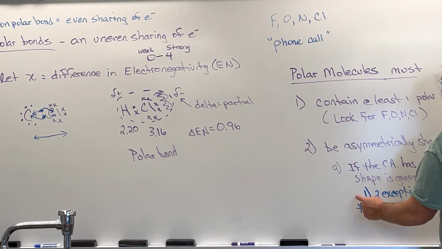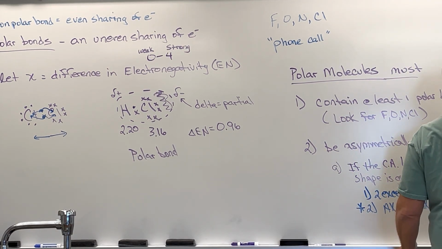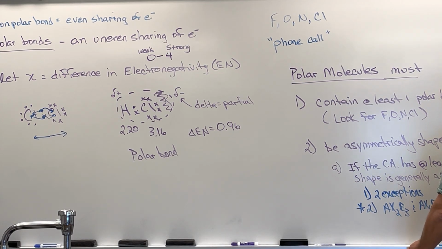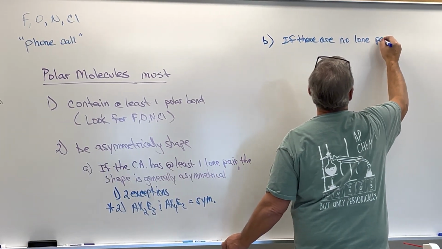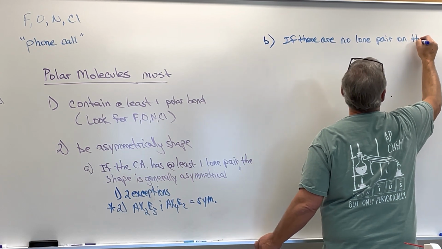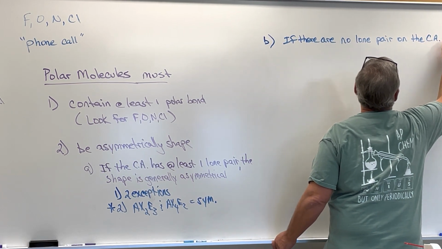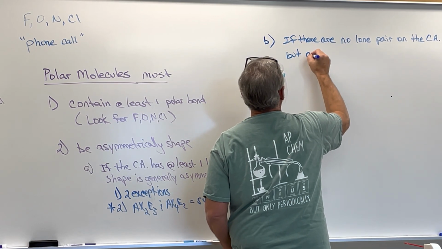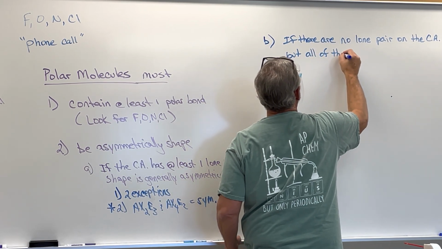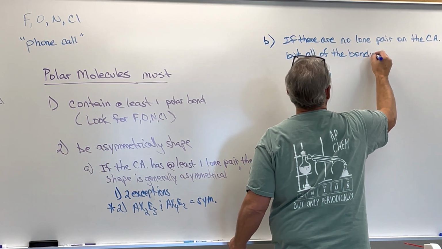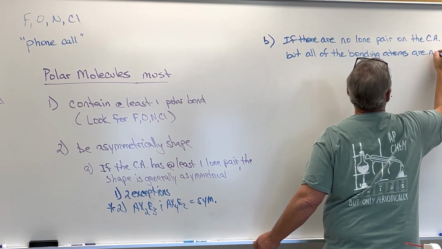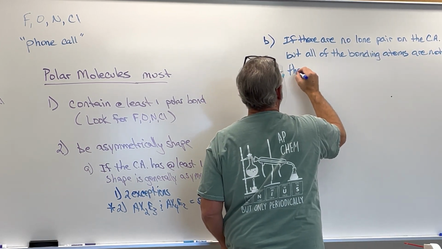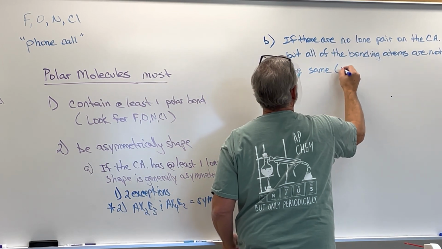The second thing here: if there are no lone pairs on the central atom, but all of the bonding atoms are not the same, that's your X's.